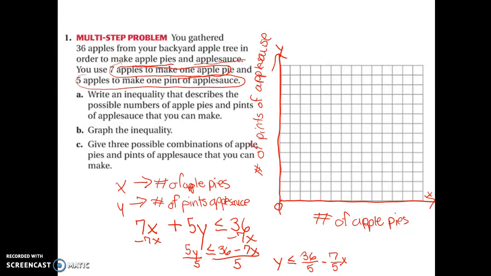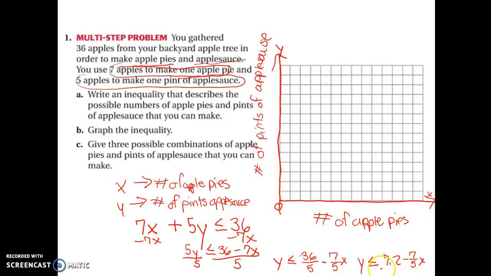Now, when we're graphing, we need to get an idea of what 36 fifths is, and that is really just 7.2. So you might want to think of this as y is less than or equal to 7.2 minus 7 fifths x. Now I'm going to leave that because that's my slope and that's going to help me graph this.